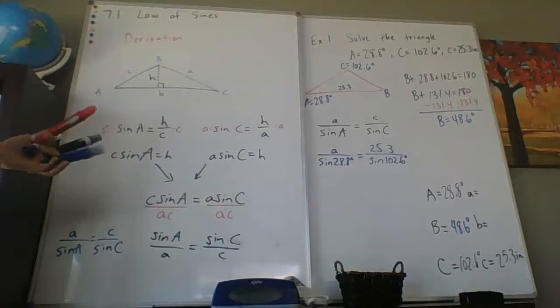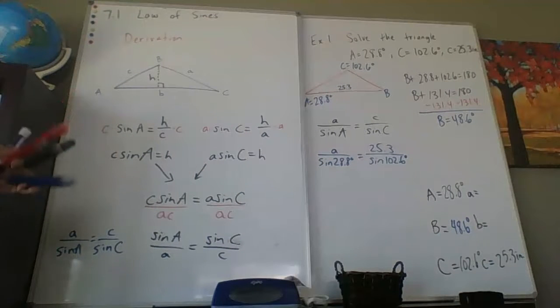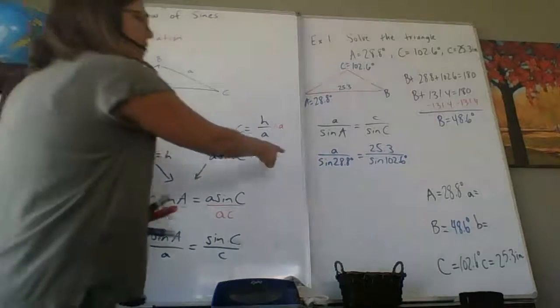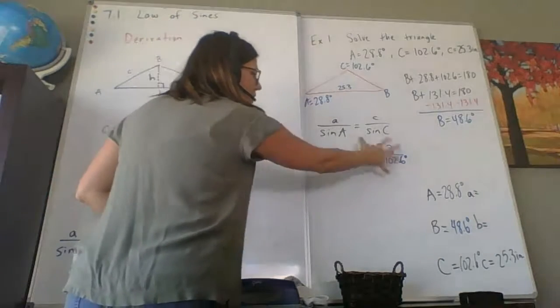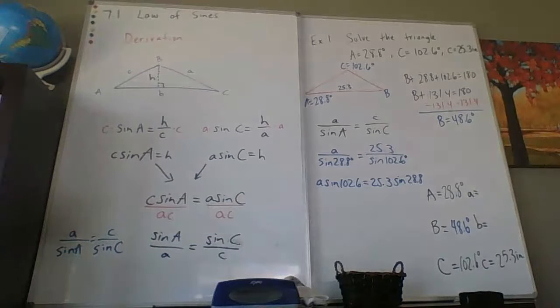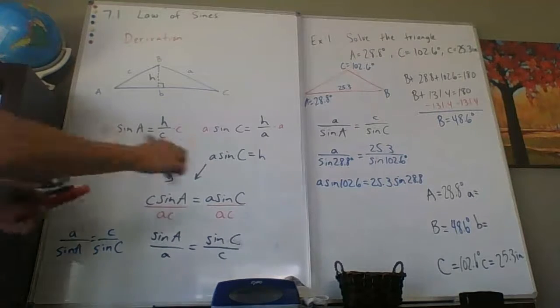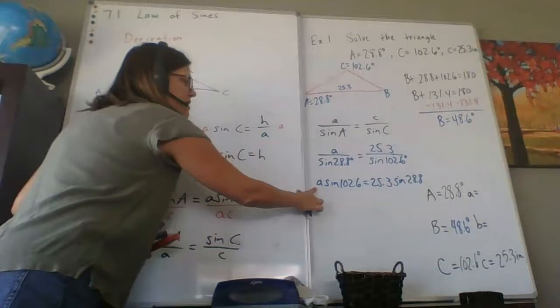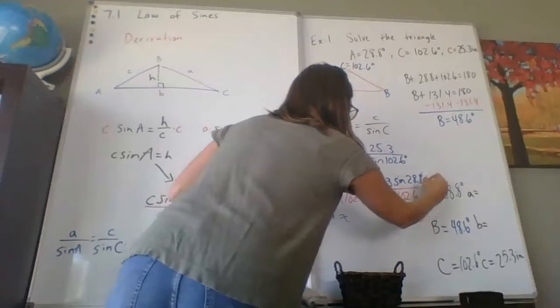I'll go ahead and cross multiply, but you are welcome to just multiply by sine of 28.8 and then make that calculation. If we cross multiply, we get A times sine of 102.6 equals 25.3 sine of 28.8. And now to solve for A, we divide both sides by sine of 102.6.